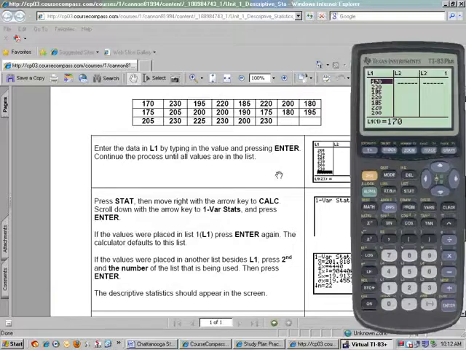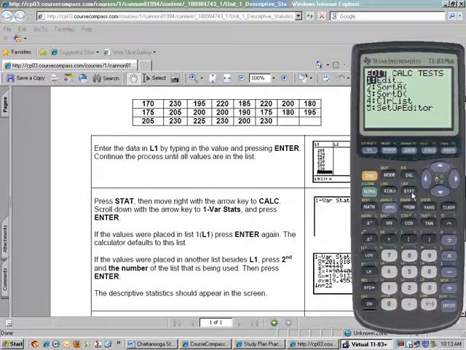And what we're wanting to do is calculate our descriptive statistics for measures of variation. And the way you do this is push Stat, the statistics button, move over to Calculate.